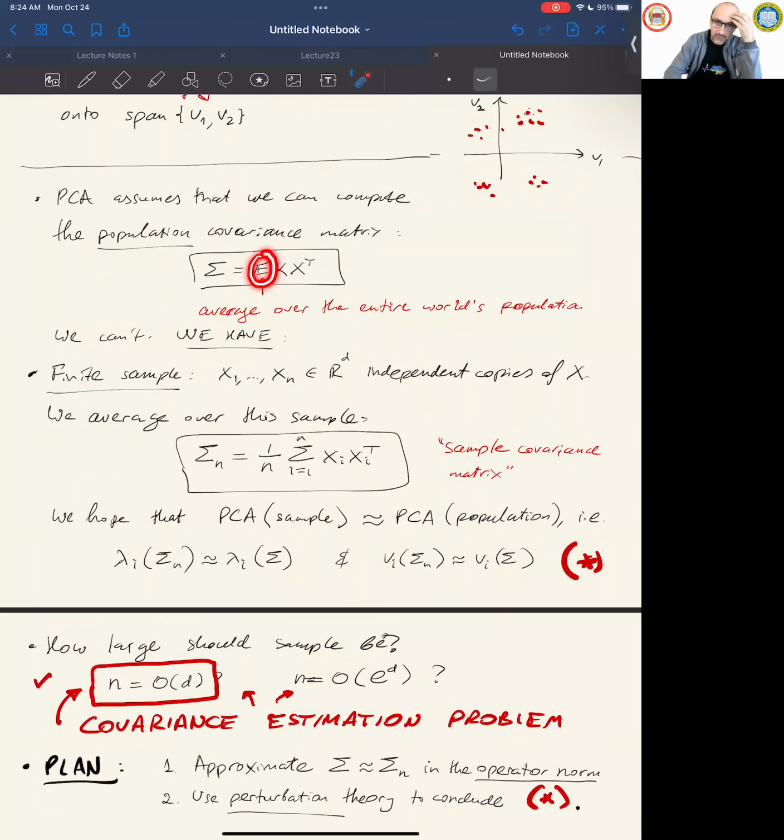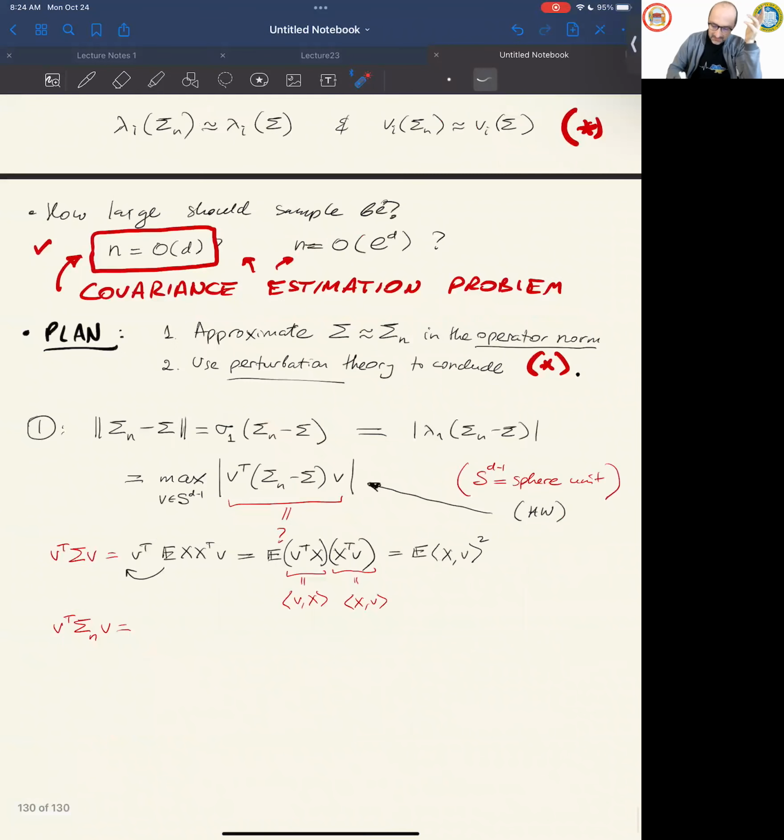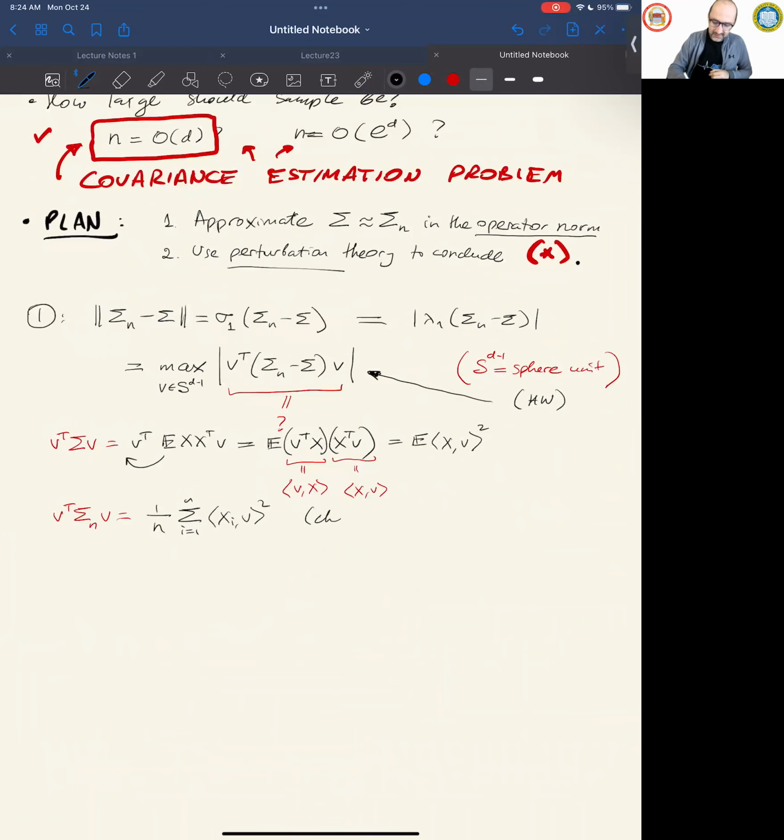Instead of the expected value over the entire population, it takes the expected value over the sample. So what will be the difference on the right-hand side? Instead of the expected value over the entire population, I'll just have the expected value over the sample. You can verify it formally, but clearly this is what we should expect to happen. And that's true. Check.